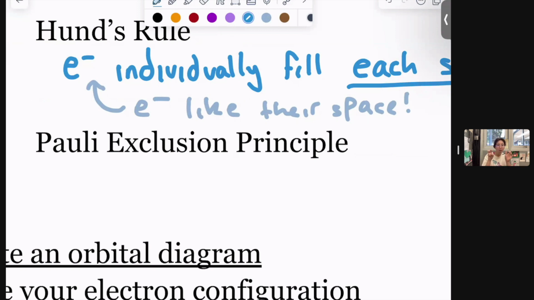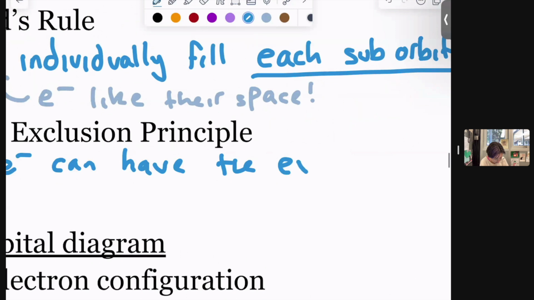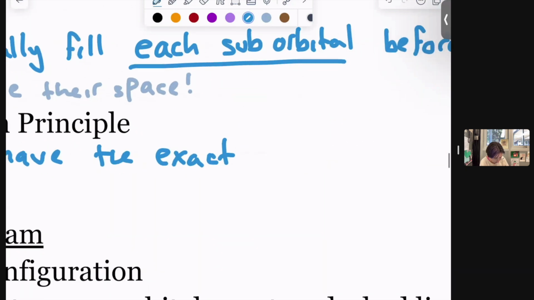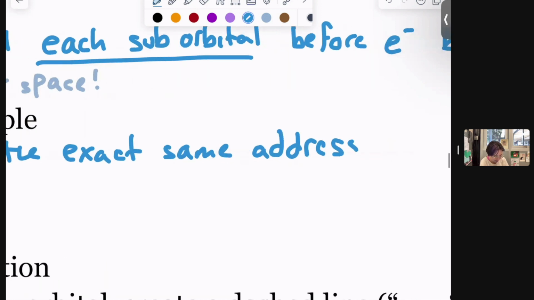Okay, and finally, Pauli exclusion principle. I mentioned this a little bit earlier, but this is the concept that no electron can have the exact same address. No electron is going to have the exact same combination of those 4 levels, those 4 quantum numbers I talked about earlier.